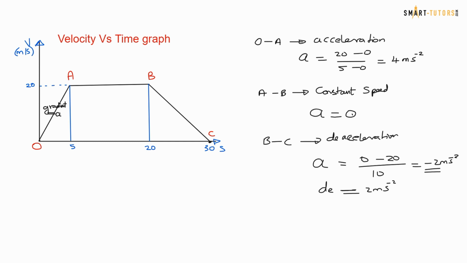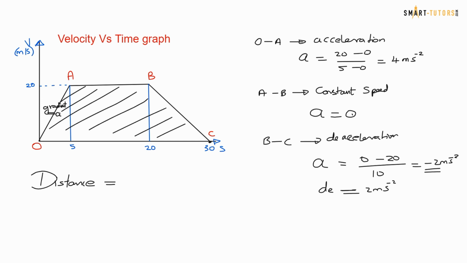Now, if you want to find out the distance travel, that is going to be the area of this curve. So the area gives the distance traveled by this particle. So half is a trapezium. Parallel sides, which is this one, which is 15, and this one is 30.